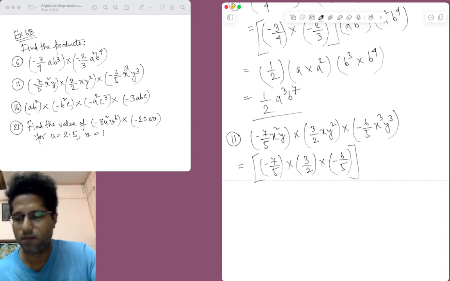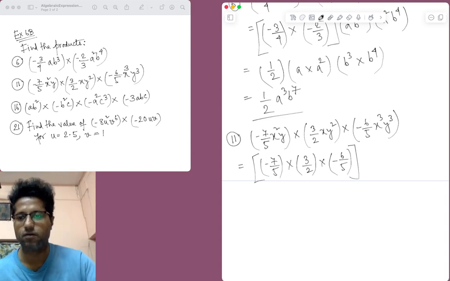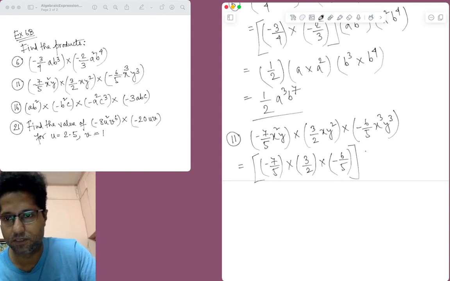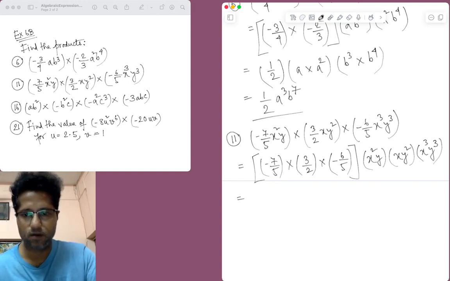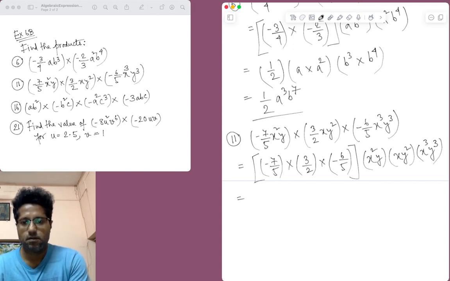Now we have to find the product of the literal coefficients of all the terms. The literal coefficient of the first term is x square y, of the second term is x y square, and of the third term is x cube y cube.